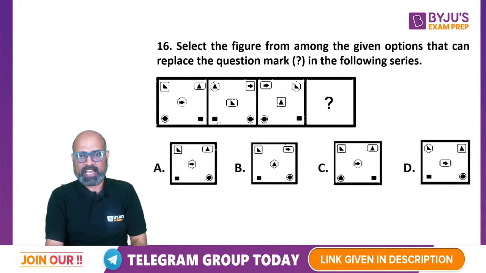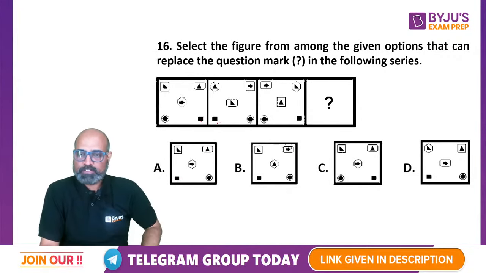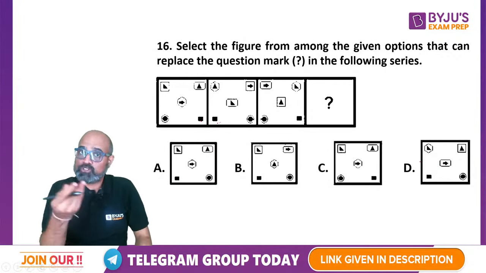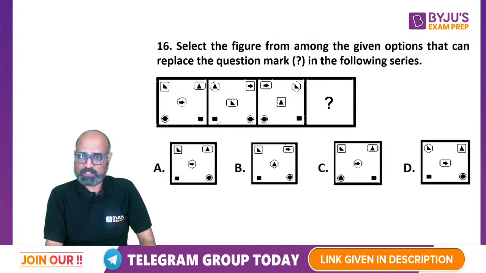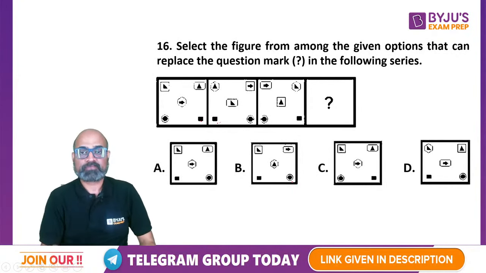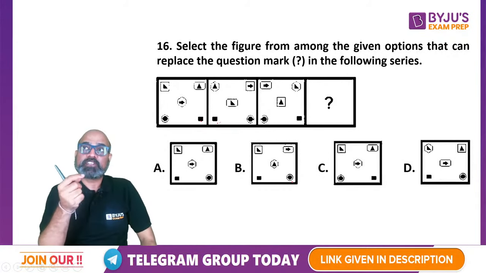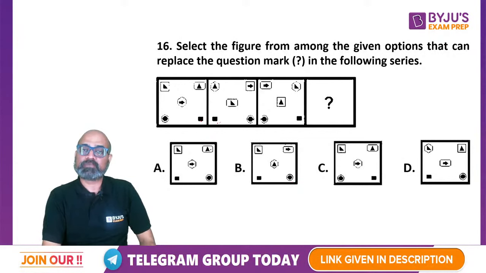Square, arrow, equilateral, circle, right angle. So all the figures are there in each of them, so the symbols are not changing. Next, do we have any case where any other figure is not within a boundary but the square is? No. So the next step is to see the arrangement or the motion of the symbols.